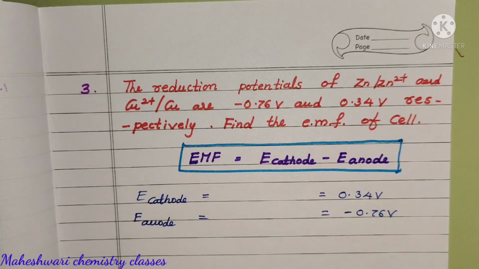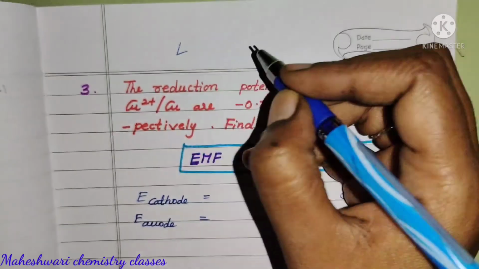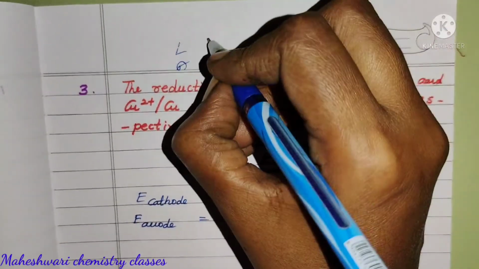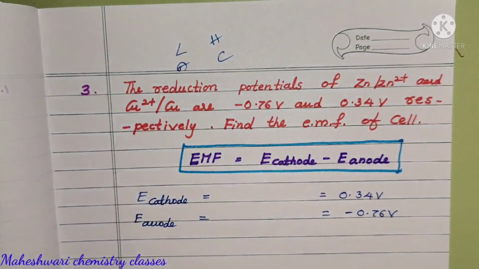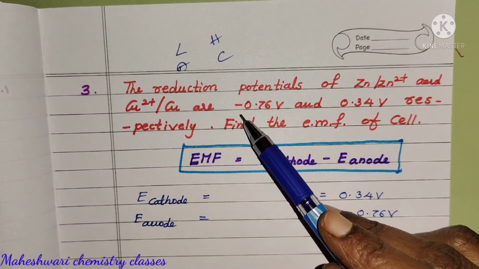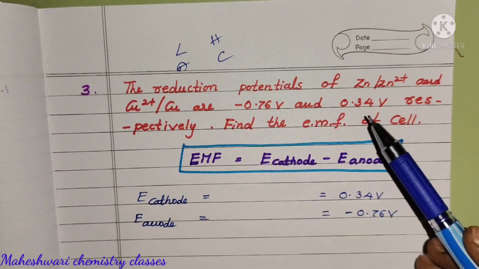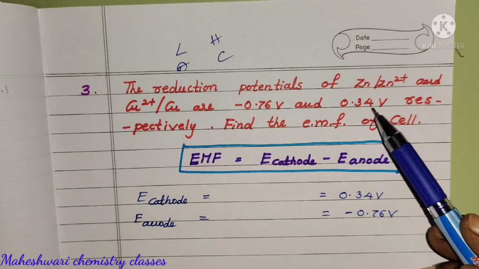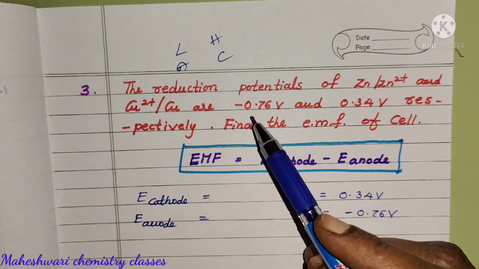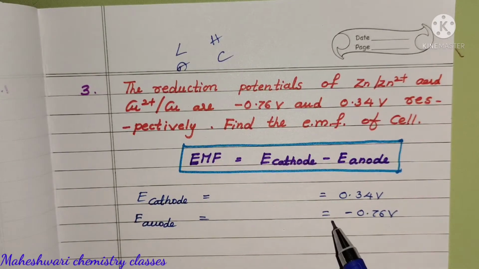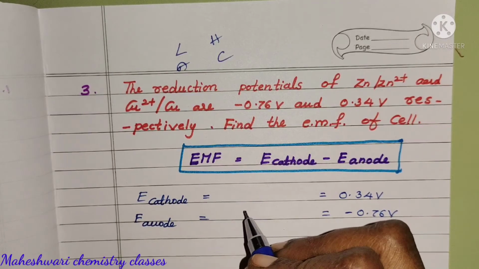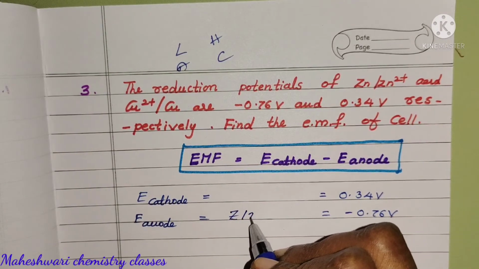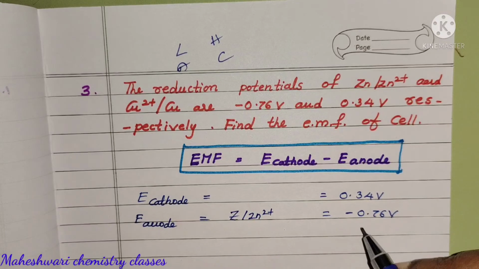As I explained, the low value is anode and the high value is cathode, right? Here one is minus 0.76 volts, another is plus 0.34. Minus is less compared to plus, that is why Zn by Zn2 plus is our anode.